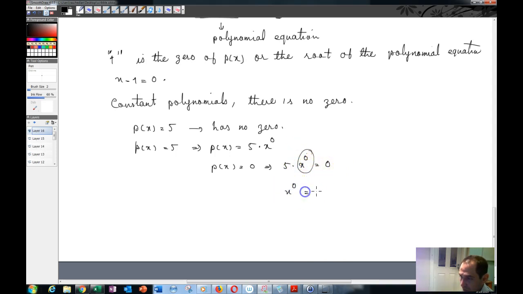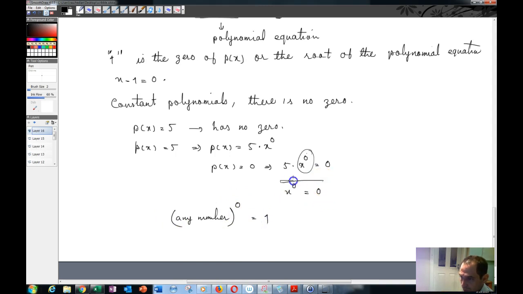So that means that x raised to the power 0 is equal to 0. But any number, if you raise it to the 0th power, you're going to get a 1. Any number raised to the power 0 is equal to 1.